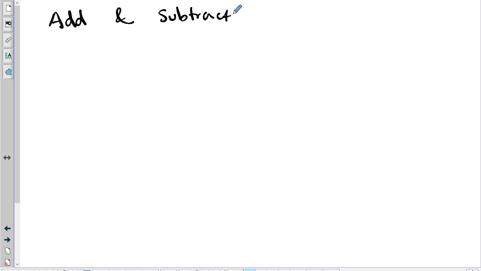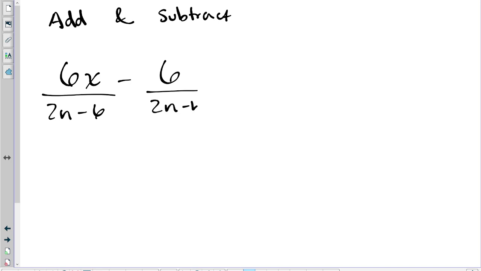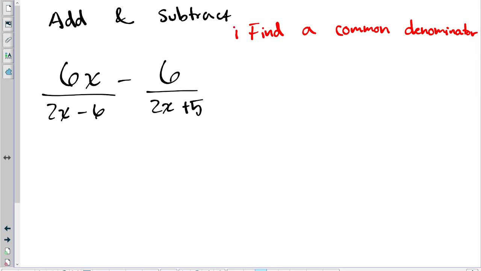Something like this, where I have like 6x over 2x minus 6, and this one is 2x plus 5. 2x and 2x, right? In order to add and subtract, I need to find a common denominator. Okay, that's really step one.